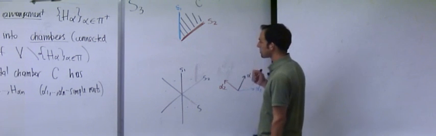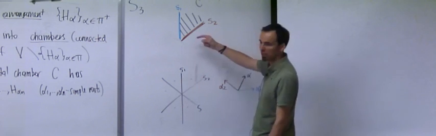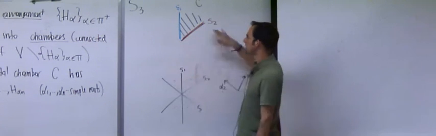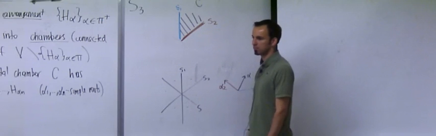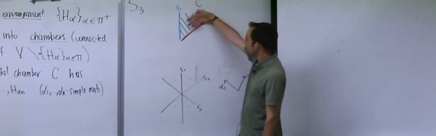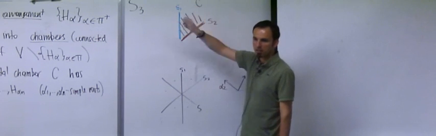Now, what do I want to say? Well, it follows from what we proved that any point that is not in the fundamental chamber can be sent to the fundamental chamber by a group element. And so the other chambers are all obtained from C by some group element.